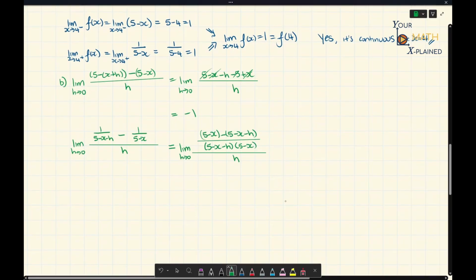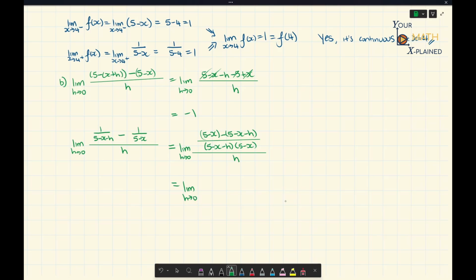And now we can go ahead and simplify our numerator a little bit. So that's the limit as h approaches 0 of 5 minus x minus 5 plus x plus h. And then we're going to combine the denominator. So we get 5 minus x minus h times 5 minus x times h.